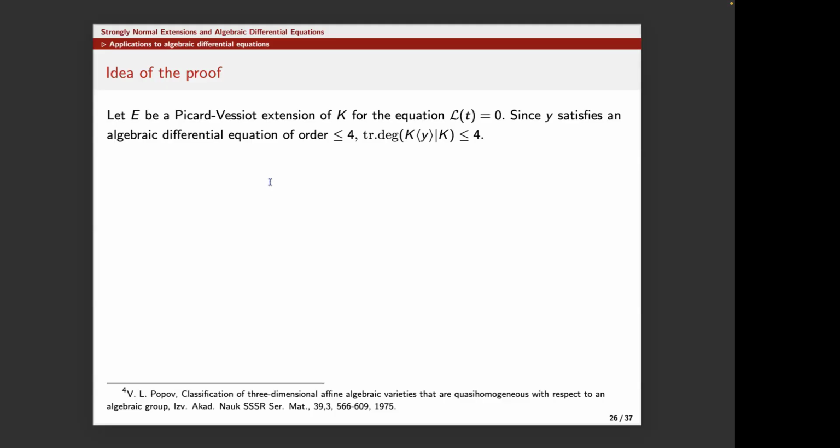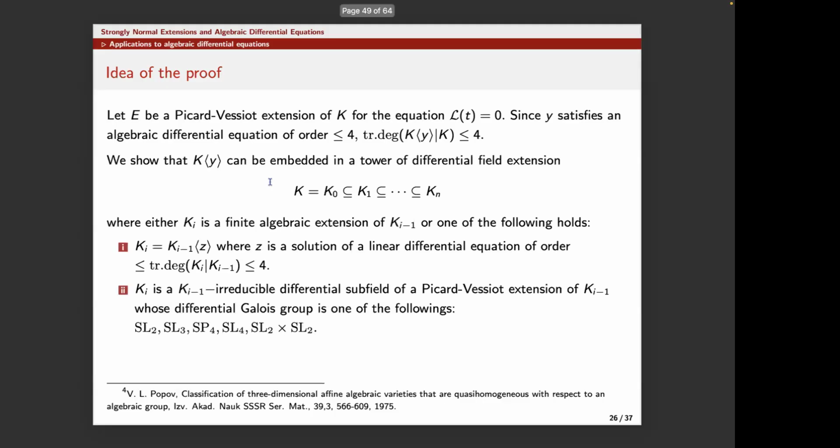So let E be the Picard-Vessiot extension of K for this equation L(t) equal to 0. Since Y satisfies an algebraic differential equation of order less than or equal to 4, its transcendence degree will be less than or equal to 4. So we have a differential subfield of a Picard-Vessiot extension of transcendence degree less than or equal to 4.